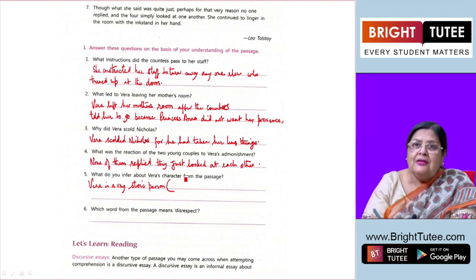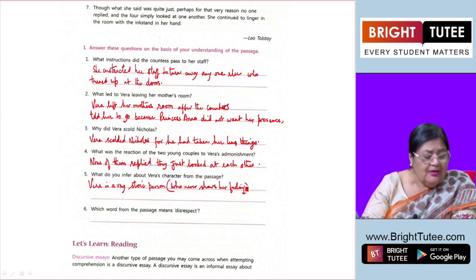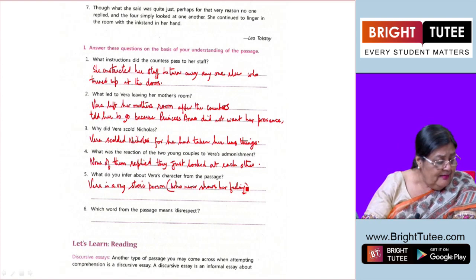Stoic is a person who never shows her feeling. She was sad. She could have shared with her friends, but she didn't do that. She was hiding her anger. So she is a stoic person.